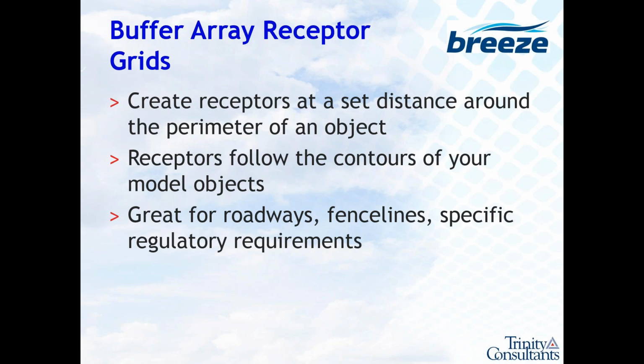You can now do that in a very detailed manner rather than just having to use a rectangular grid or something like that. So that's all created off of the shape of that model object automatically. So again, very simple and can dramatically speed up what you could have done previously in the model, but it would have been a much more time-consuming process.